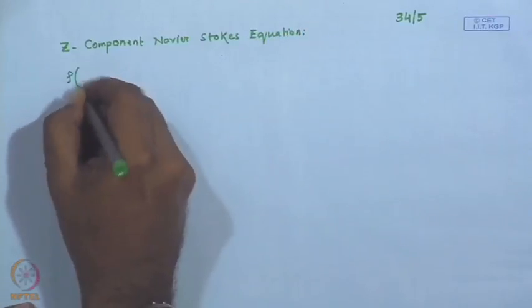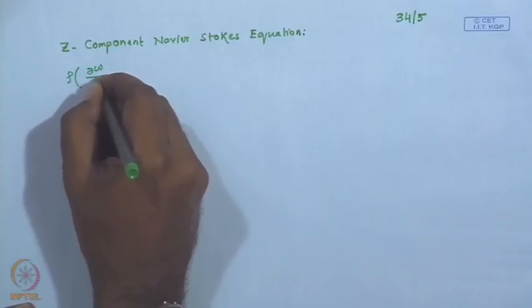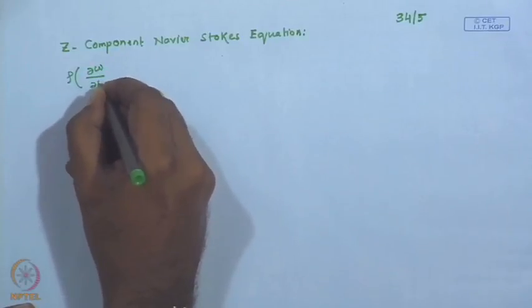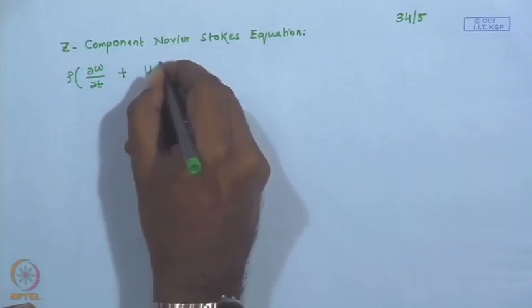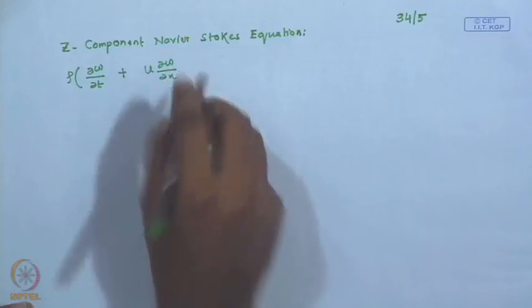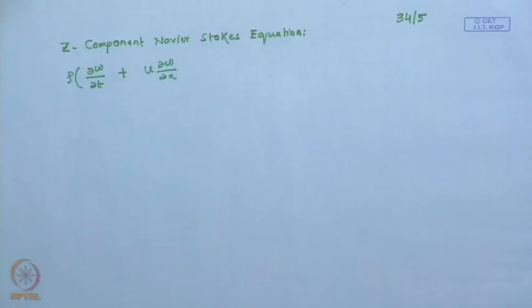And the equation is del t, u del w del x plus del w.